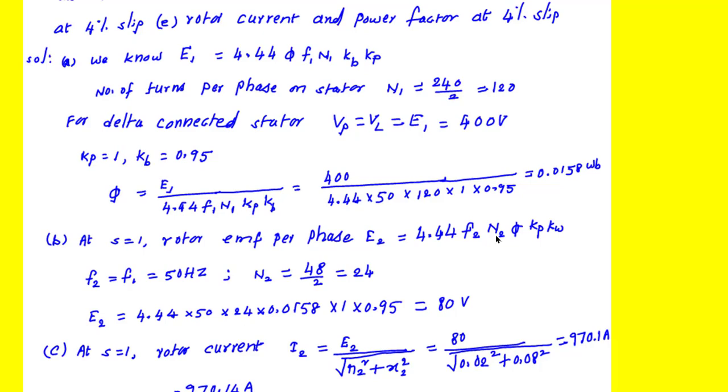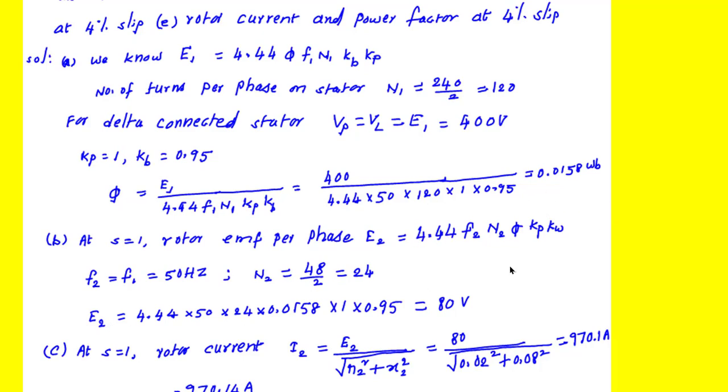N2 we calculated, and the frequency of the rotor at standstill is equal to the supply frequency, that is F2 is equal to F1, which is also available. So we can calculate this induced EMF because we also know the flux.